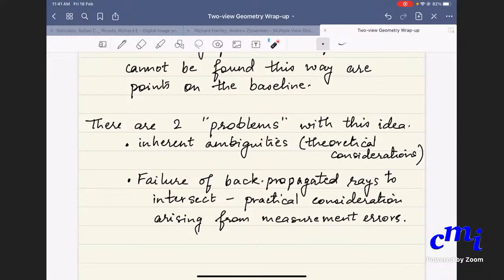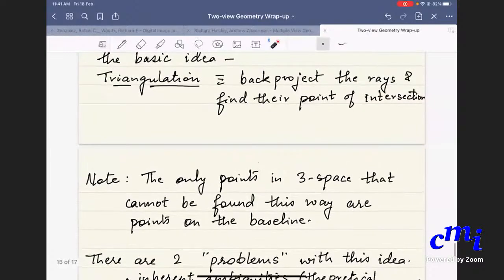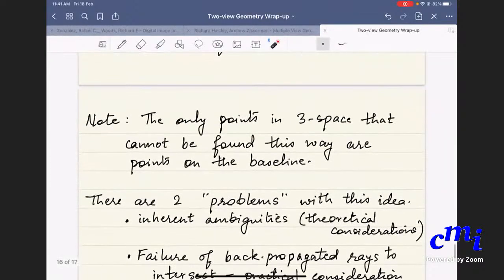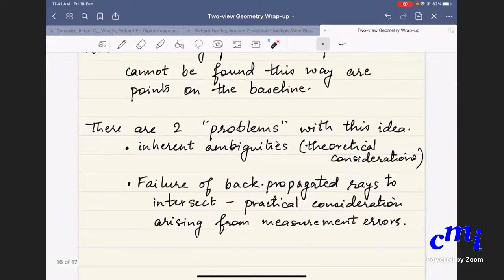Or vice versa, what you determine will be true only up to a projective transformation, which means it could be a projective distortion of the actual scene. These are ambiguities that you cannot get rid of with this kind of construction. If you do triangulation, you cannot clear these projective ambiguities.